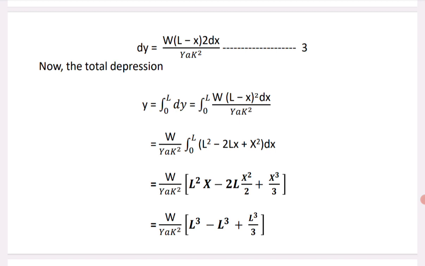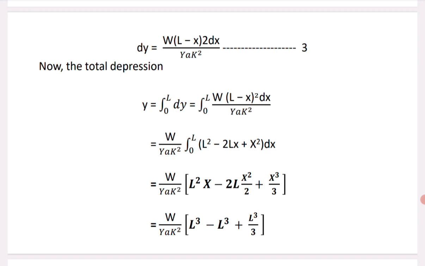Integrating equation number 3, we get y equal to the integration of dy with the limit 0 to L, which is equal to the integration of W(L − x)² dx / YAK² with the limit 0 to L. Further, this can be written as W/YAK² times the integration of (L² − 2Lx + x²) dx with the limit 0 to L.